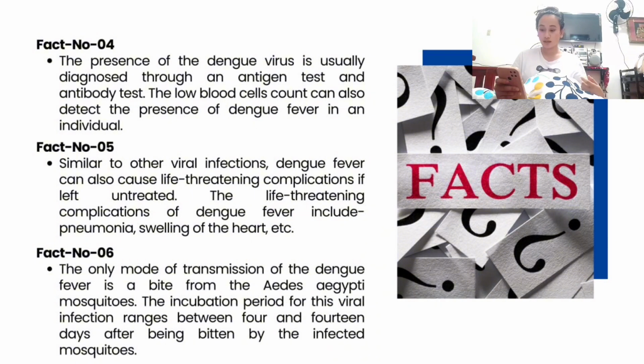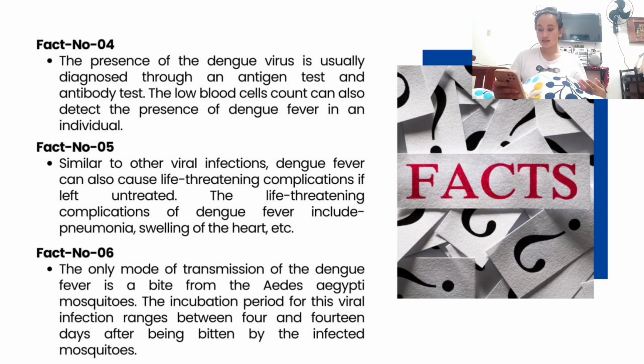A low blood cell count can also indicate the presence of dengue fever in an individual. So the fifth is, similar to other viral infections, dengue fever can also cause life-threatening complications if left untreated. So, similar to other viral infections, untreated dengue can lead to life-threatening complications, including pneumonia and heart swelling.